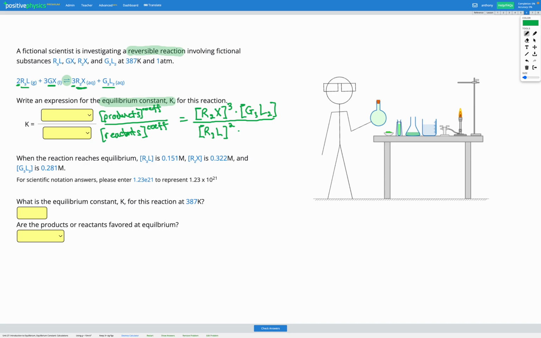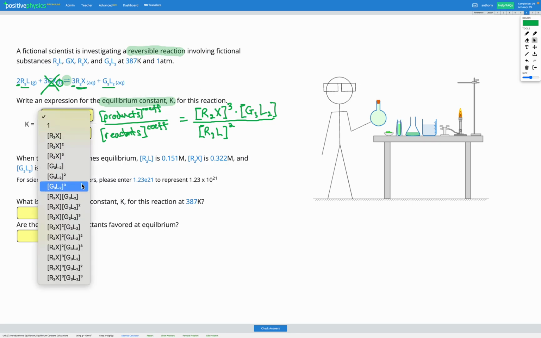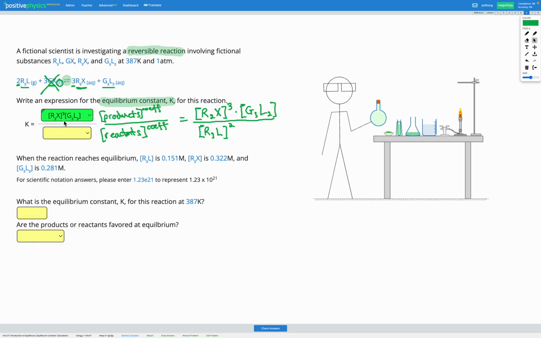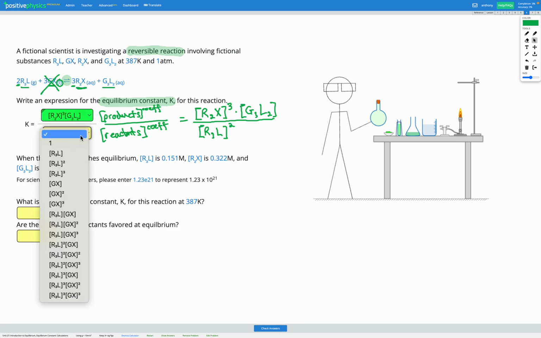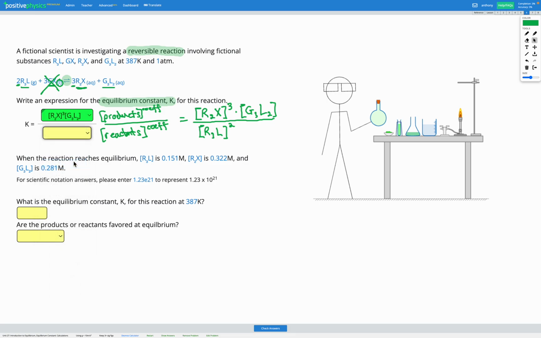Liquids do not appear in our equilibrium constant equation. So that is not going to appear because we have liquid. So I can either put a 1 there to show it's not appearing, or I can just leave it blank. Those mean the same thing. Okay, so there's our equation. So let's use our drop-down box to find that. We've got R2X cubed times G3L2 on the top of our fraction. On the bottom, we have R3L squared on its own.